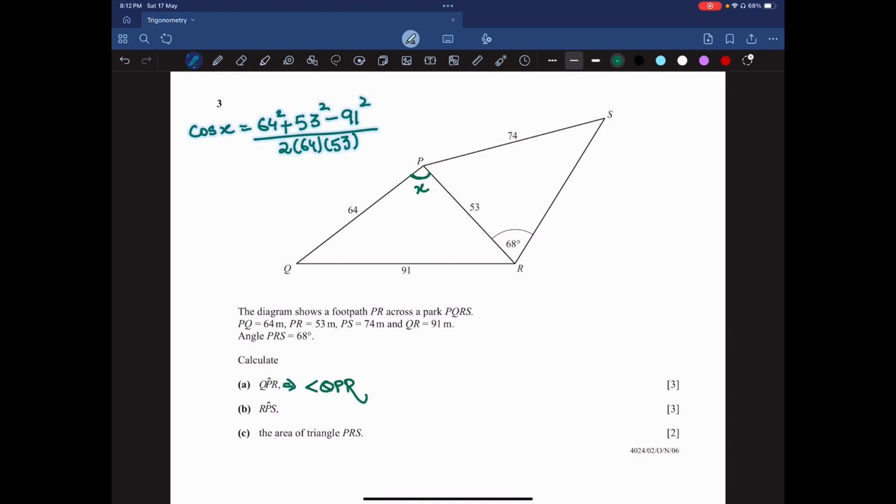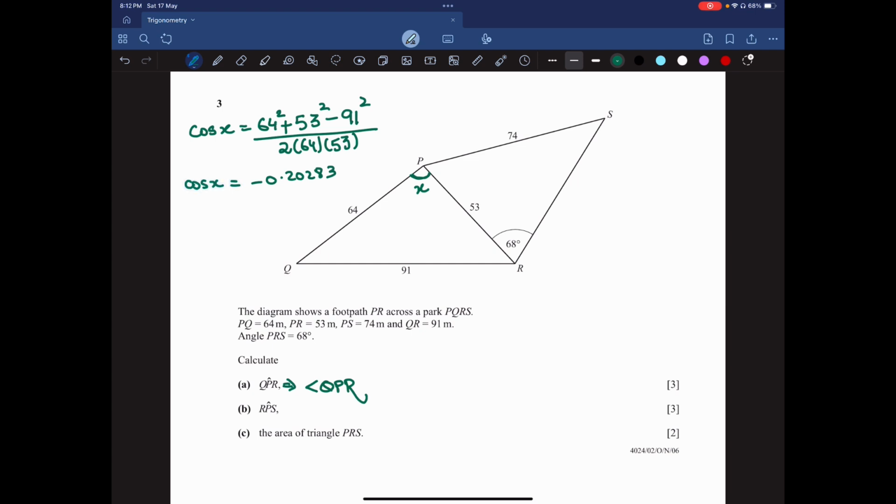So let's see, what do we get? 64 square plus 53 square minus 91 square divided by 2 into 64 into 53. So cos of x is equal to minus 0.20283.